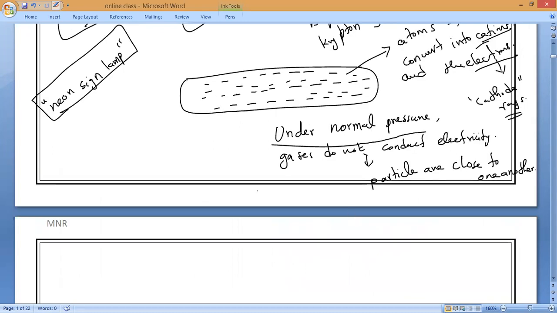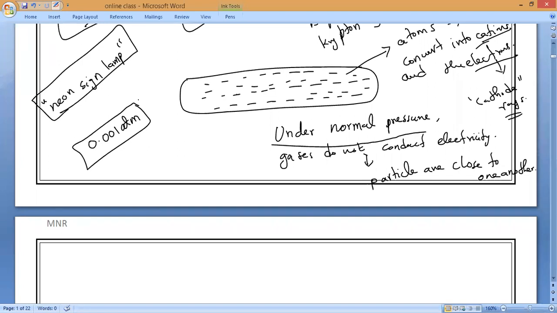Please note that the ions formed recombine to give neutral atoms and molecules. So it is not possible to produce anode rays or cathode rays at normal pressure. That is why we have to create low pressure. J.J. Thomson created approximately 0.01 atm, an extremely small pressure.